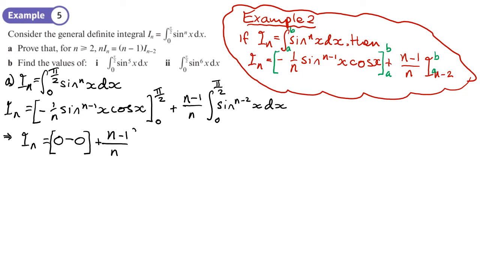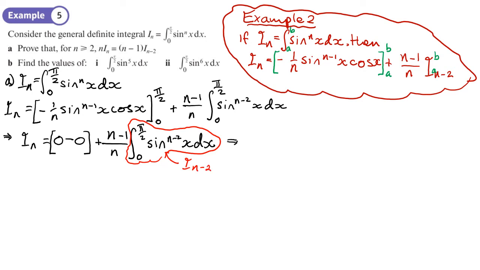Then we have this here, so this doesn't change. But what you might notice is that this thing here is the same as this, but it's n minus 2. So all of this part here, including the limits, is the same as I sub n minus 2.